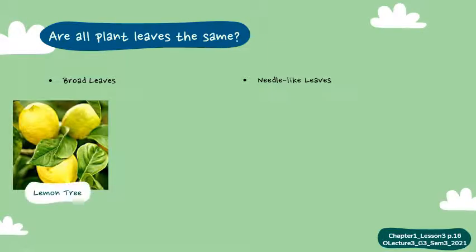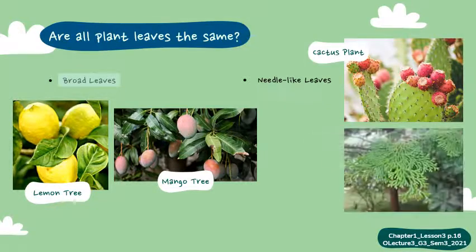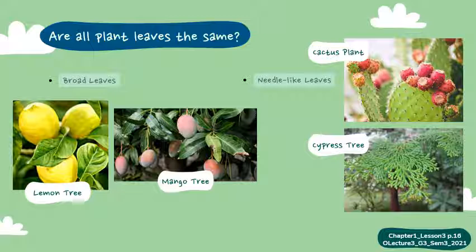The lemon tree, for example, and the mango tree have broad leaves, while the cactus plant and the cypress tree are two examples of plants with needle-like leaves. Needle-like leaves are important because they help the plant to save the water inside it. They reduce the loss of water.